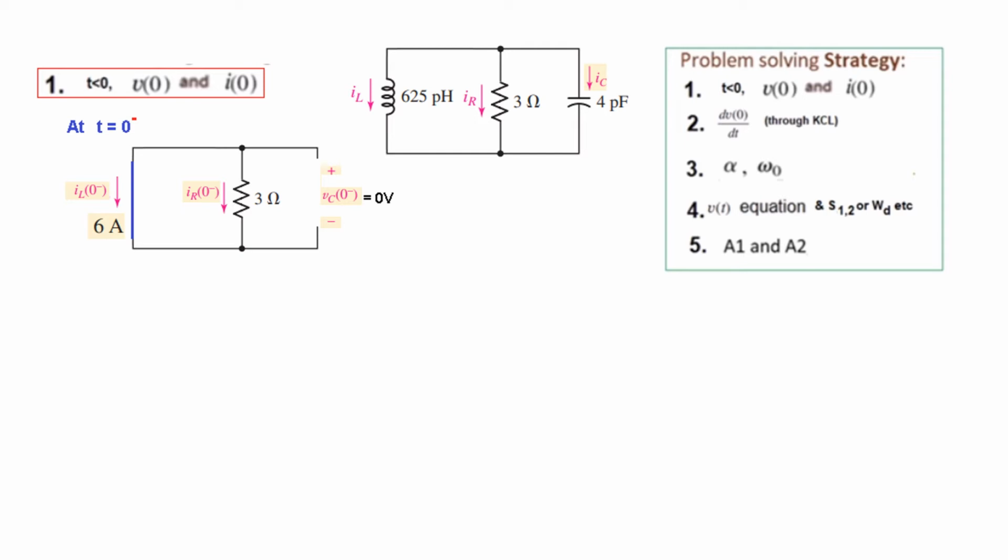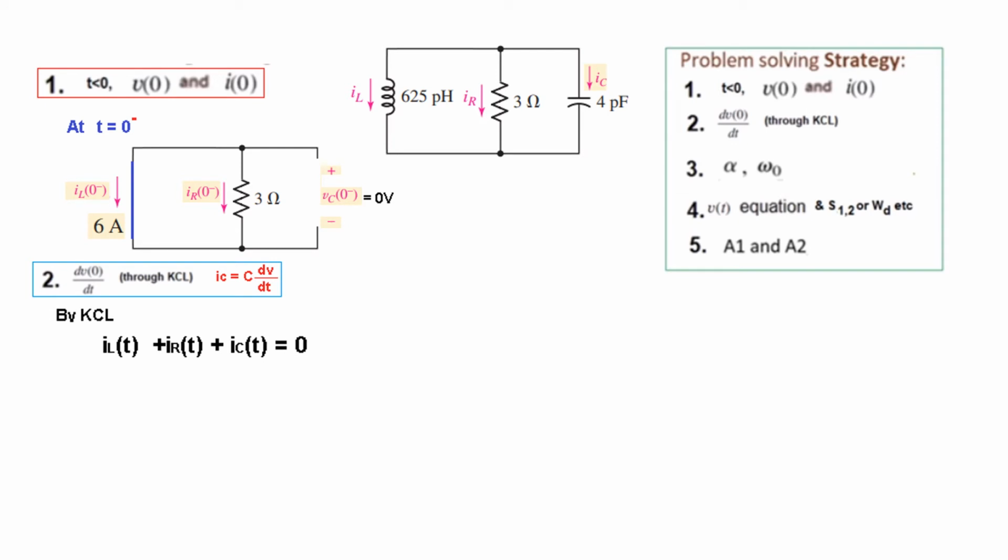Then we have to find dV0/dt through KCL. Now let's see that. We can find dV0/dt through KCL using this formula. The current through the capacitor IC is C dV/dt. We'll use the KCL formula: all three currents going down, so the sum of all three is equal to 0. At t equal to 0, this will become IL(0), IR(0) and IC(0).